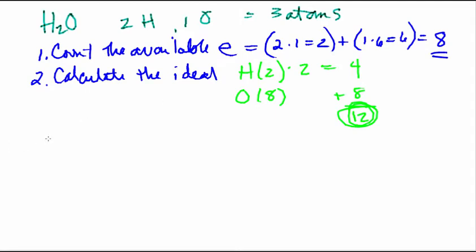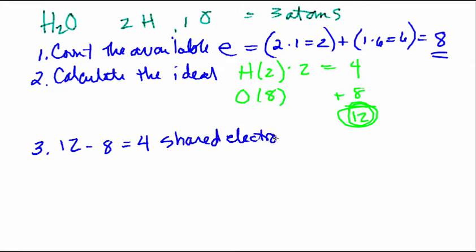So number 3, I will subtract the available electrons from the ideal, and I find out I have 4 shared electrons. And because they share by the buddy system, I'm going to divide 4 by 2 to tell me the number of bonds that exist between oxygen and hydrogen.